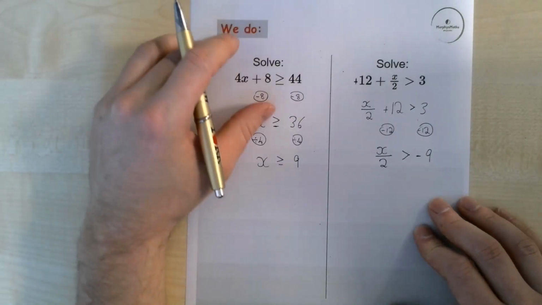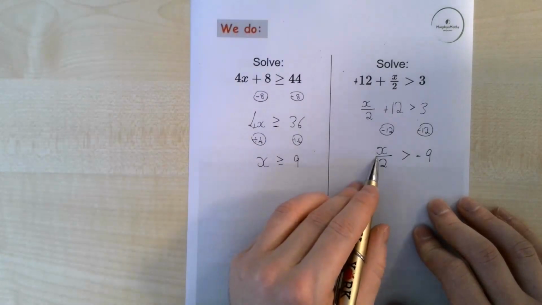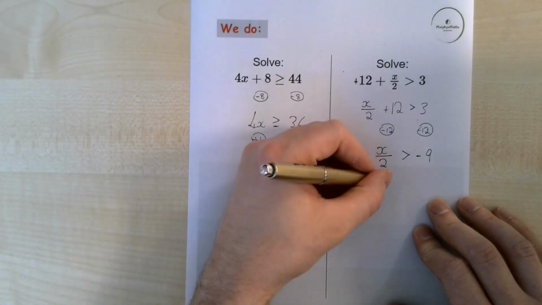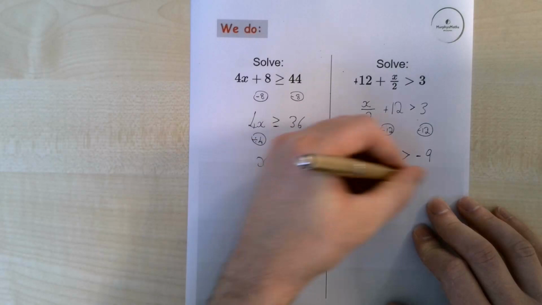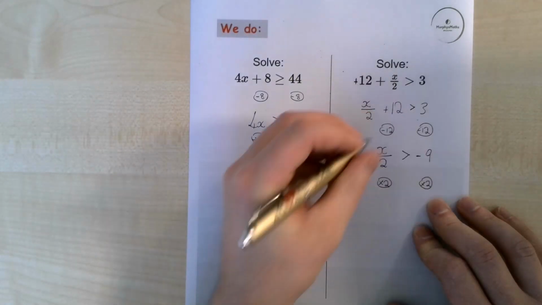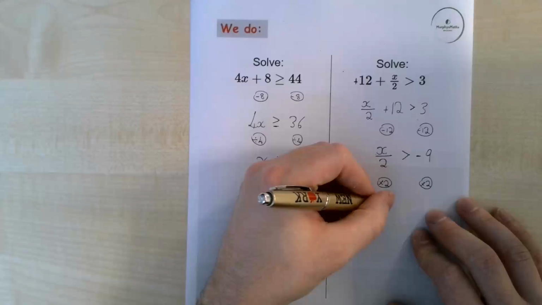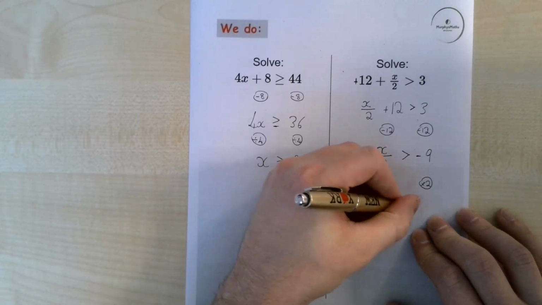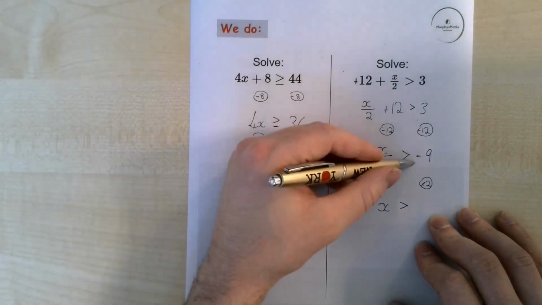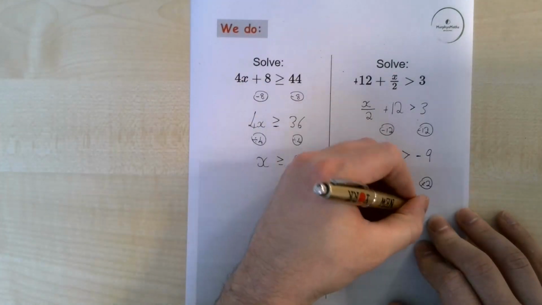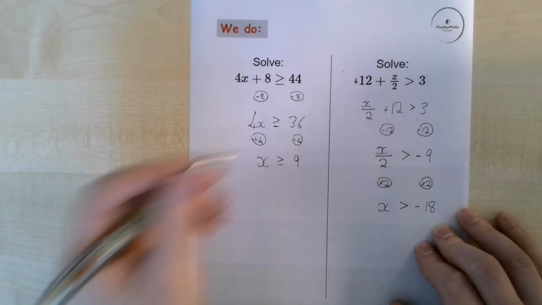So lastly, we've got x divided by 2, so we'll multiply by 2, i.e. we'll do the opposite of dividing by 2. And that will give me x is greater than double minus 9, which is minus 18.